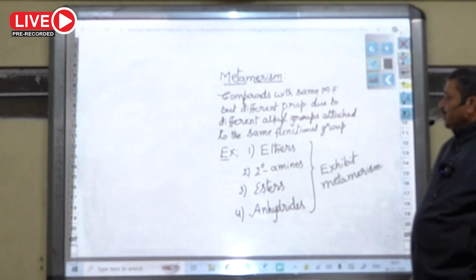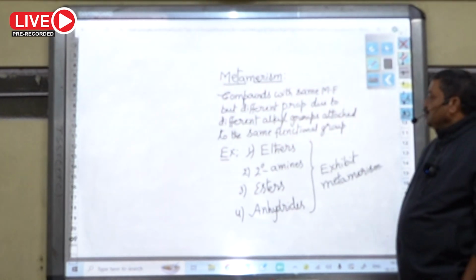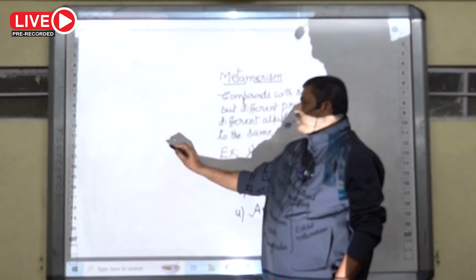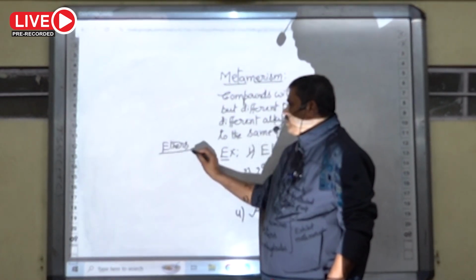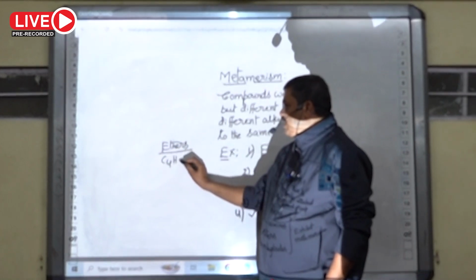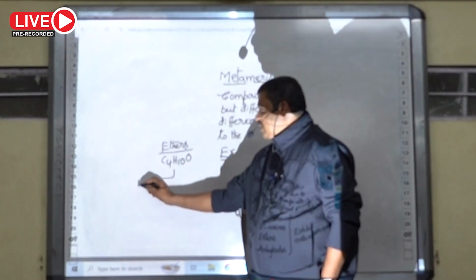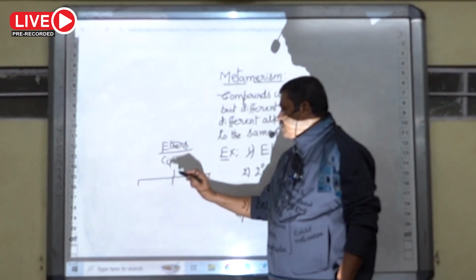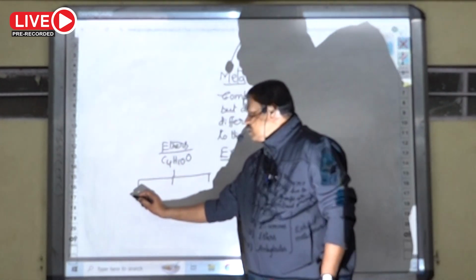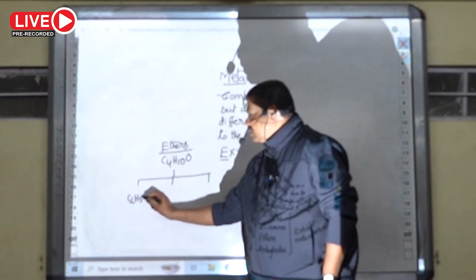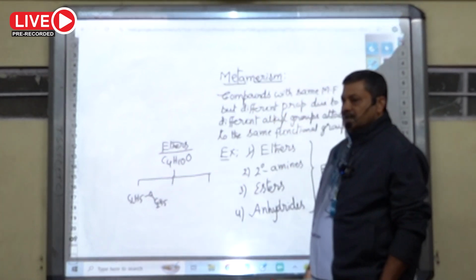Now first we take up ethers. Take ethers as an example, like C4H10O. If you are asked to write the metamers, you can write three metamers here. C2H5OC2H5, diethyl ether.